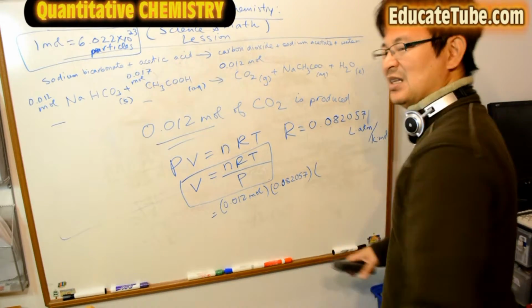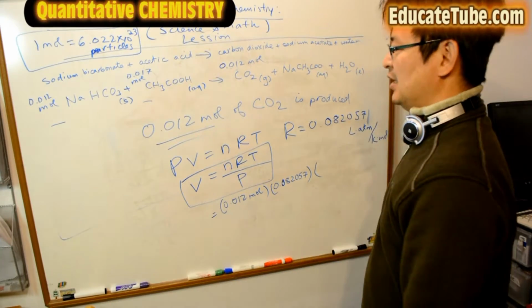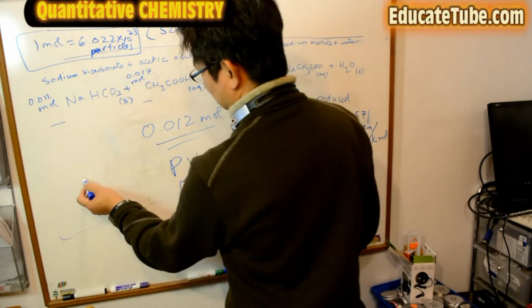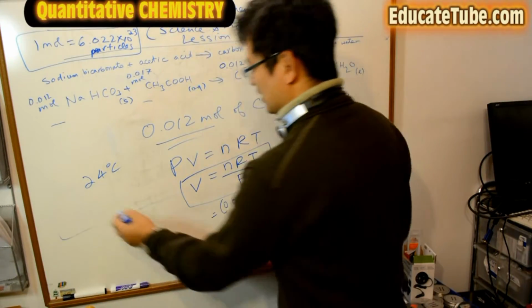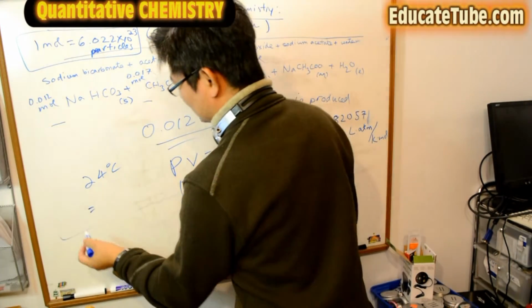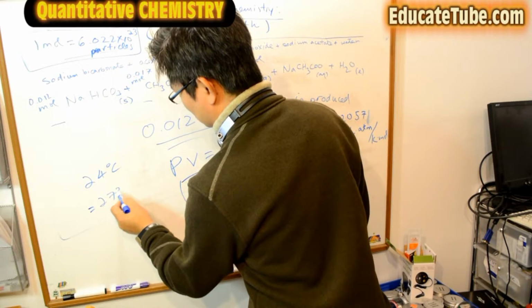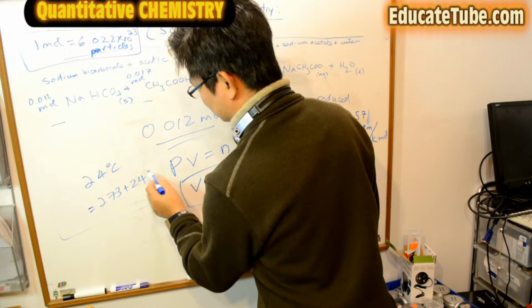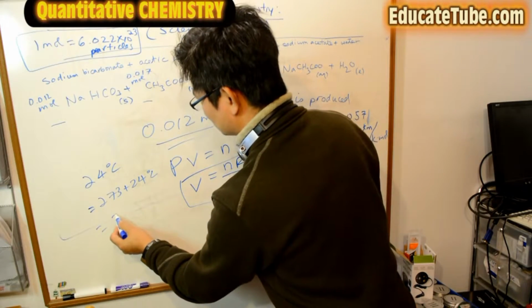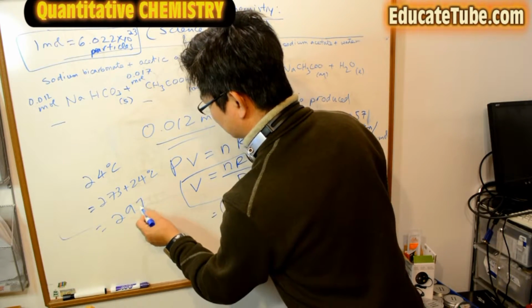Times temperature. Let's assume the temperature here is about 24 degrees Celsius in this room, okay? If it is, then converting to Kelvin, it would be 273 plus 24 Celsius. That'll give me 297 Kelvin.